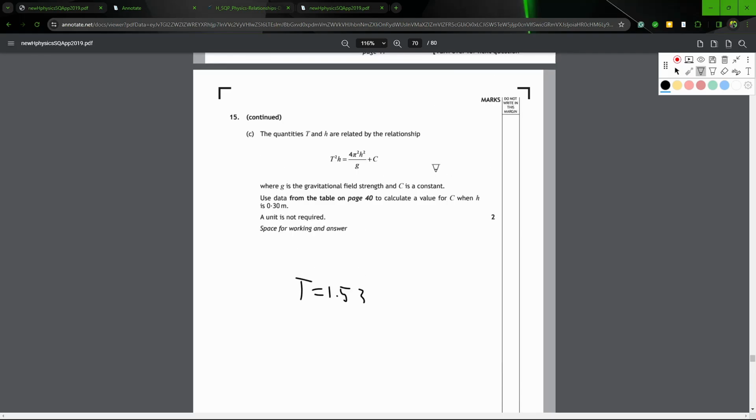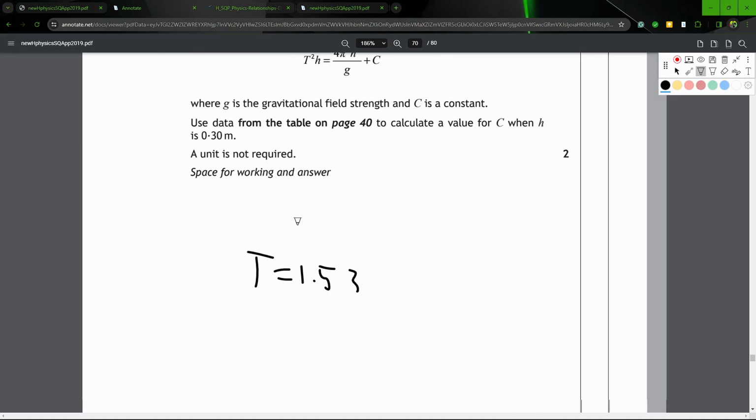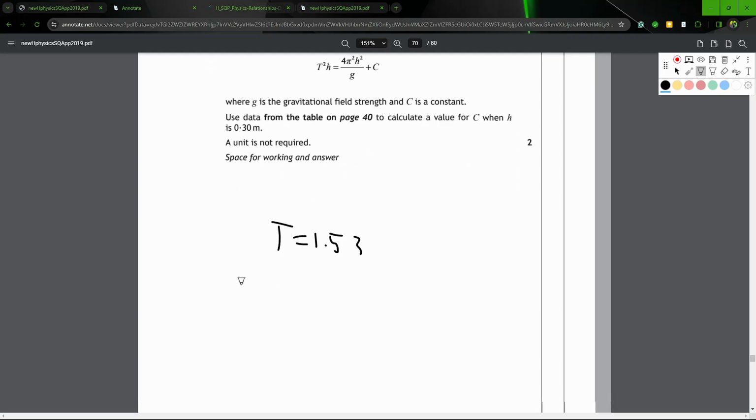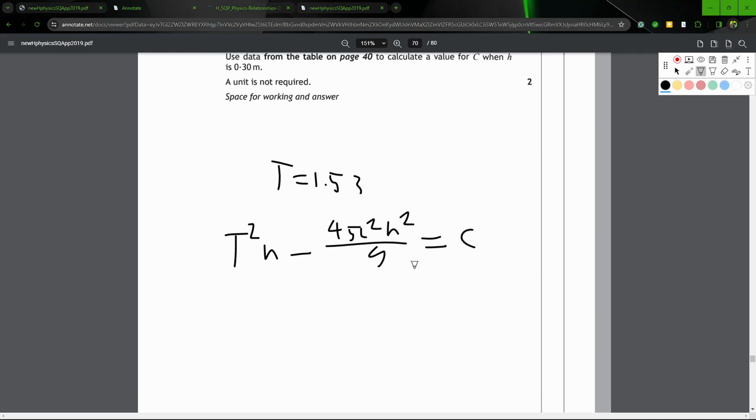g is gravitational field strength, c is a constant. So, yeah, let's go and try and do this. So we want to get c, so I'm going to rearrange this equation to be t squared h minus 4 pi squared h squared over g equals c.